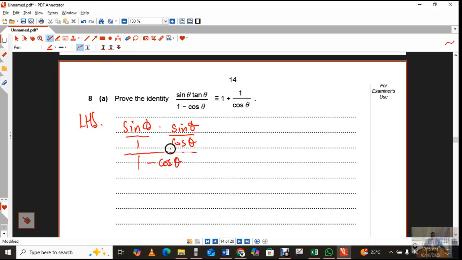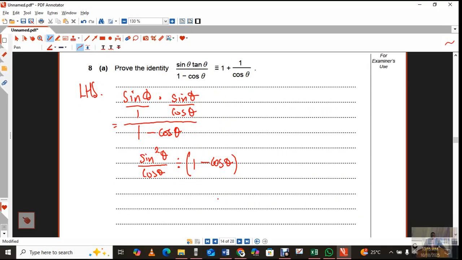All right, then if I look at the numerator, because you're multiplying, the numerator there is sine square theta over cos theta. I'm just going to then write 1 divided by 1 minus cos theta, and it's just easier for me to do it like so.